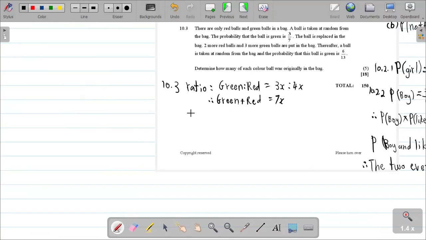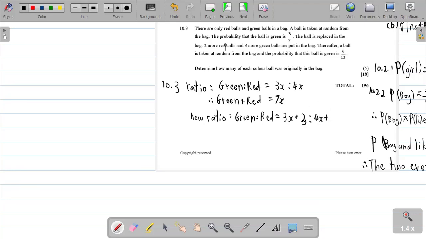So the new ratio for green to red is going to be 3x plus 3 green balls, and then it's going to be 4x plus 2.